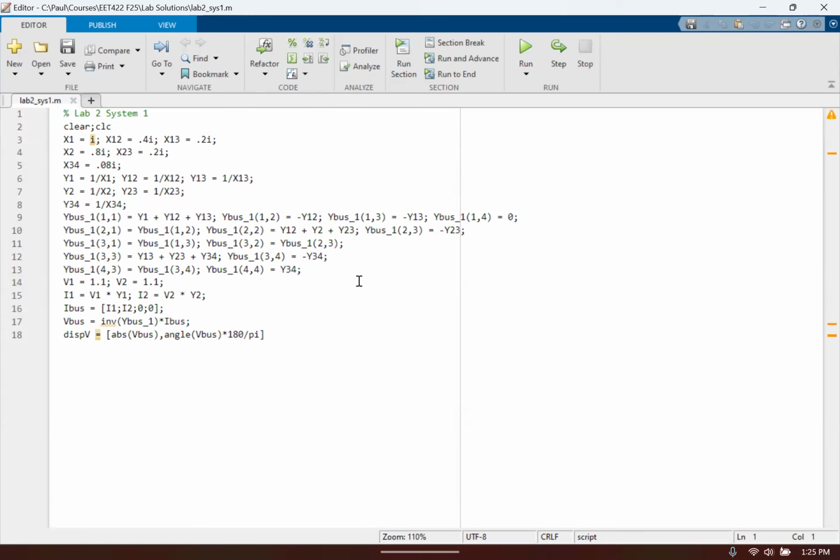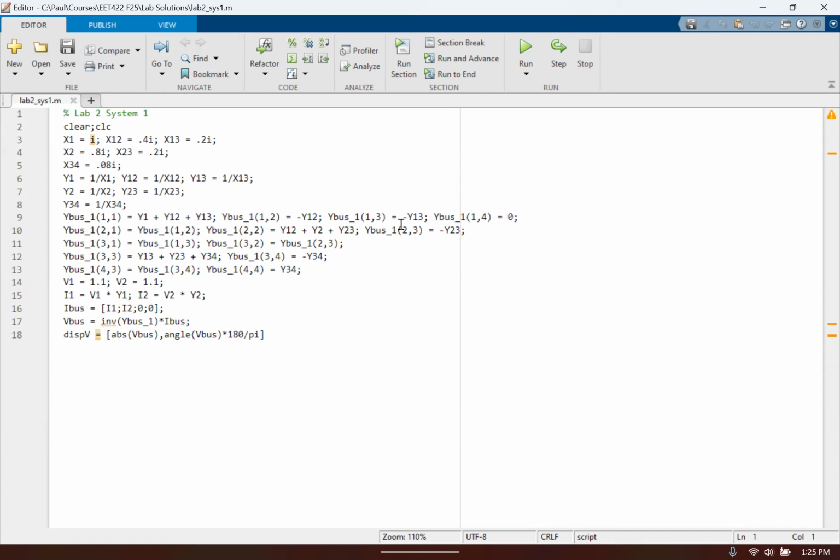Now I'm going to go ahead and show you I built all my Y bus terms. Well, I inverted them first, then I built my Y bus terms. So you can see I did those individually. I put in my voltages here, V1, V2, they're the same value. I solved for my current injections. And notice I got a little sneaky here. I said it's V divided by Z. Isn't that the same thing as saying V times Y?